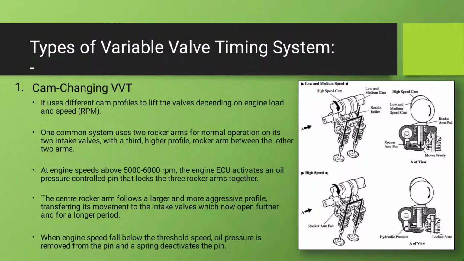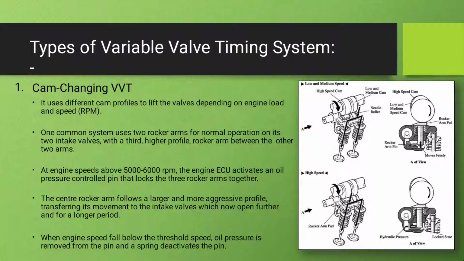Cam changing VVT uses different cam profiles to lift the valve depending on engine load and speed, that is revolution per minute, RPM. One common system uses two rocker arms for normal operation of its two intake valves, with a third high profile rocker arm between the other two arms.